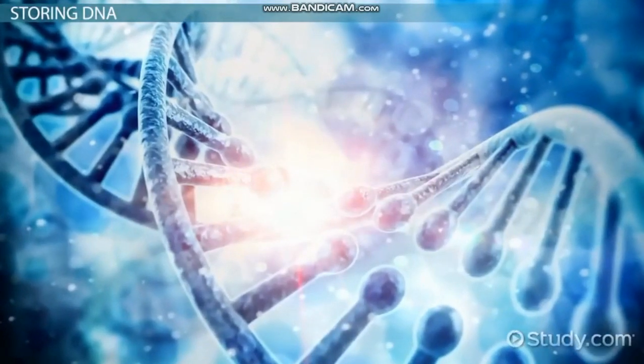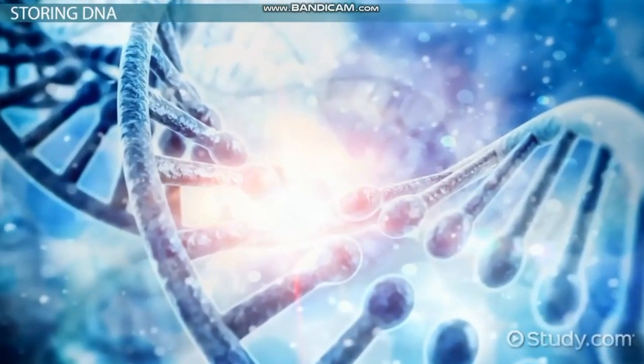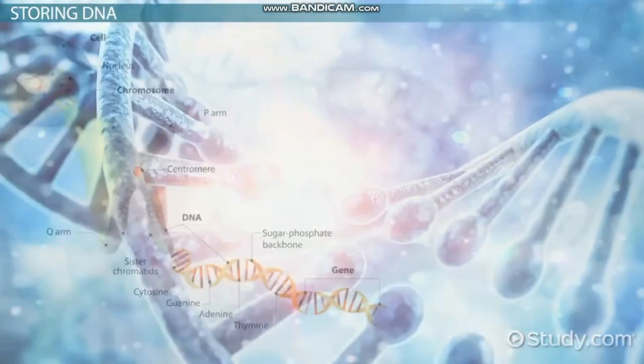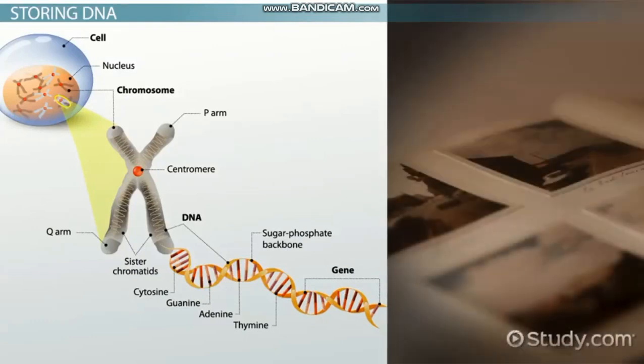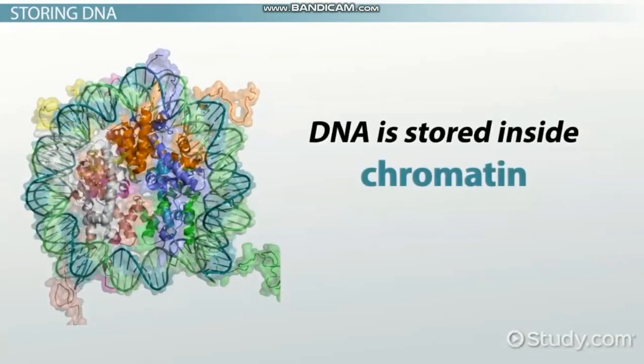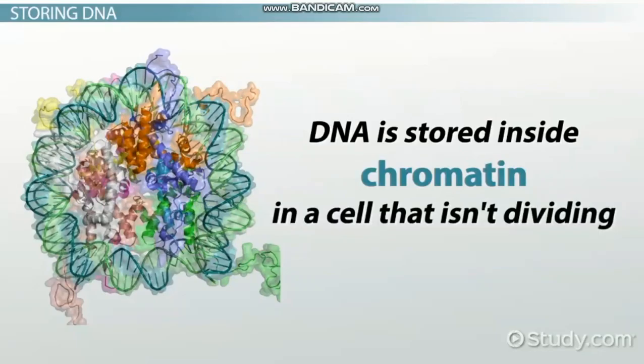Since DNA is so important, it's not just inside the nucleus floating around. There's a specific way the nucleus stores DNA, just like you would store special photographs in a nice picture album, instead of tossing them inside a box. DNA is stored inside chromatin in a cell that isn't dividing.